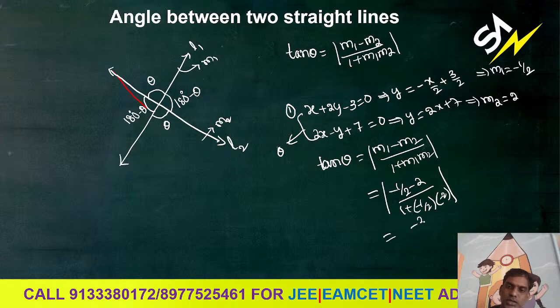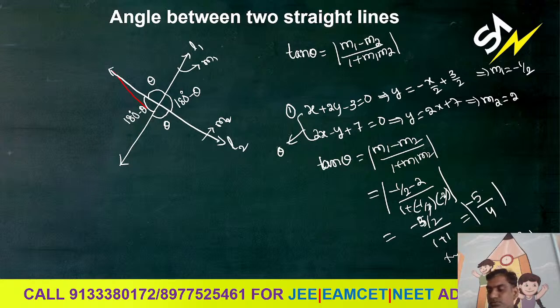So what do you get? Minus 5 by 2 divided by 1 plus 1. So we are getting minus 5 divided by 4 modulus. Modulus of minus 5 by 4 can be written as 5 by 4. So tan theta is equals to 5 by 4. Then theta is equals to tan inverse of 5 by 4. Okay.